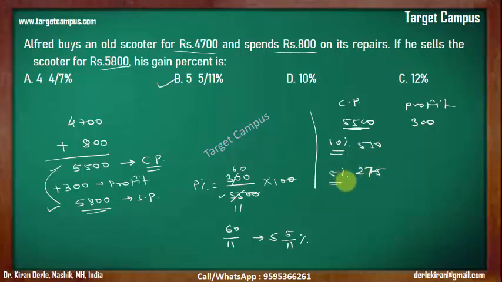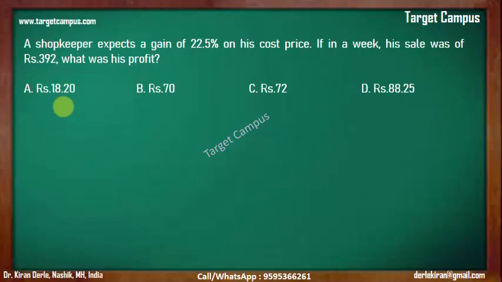If he gets 5% profit, his profit amount would have been 275, but in this case profit is 300. So our profit percent will be slightly above 5%, which is 5 5 by 11%. So just by observation you can get your answer, but try to understand these concepts. These are very fundamental things you need to learn.